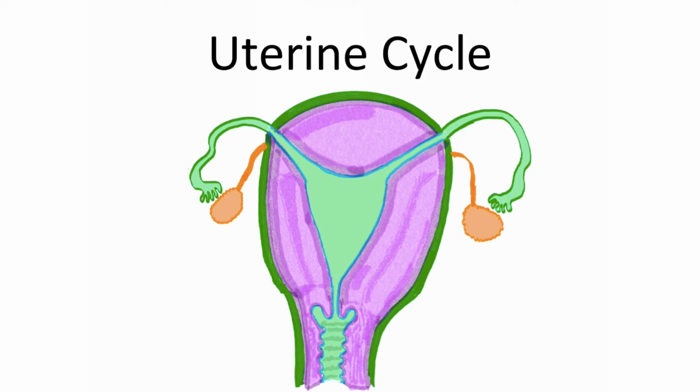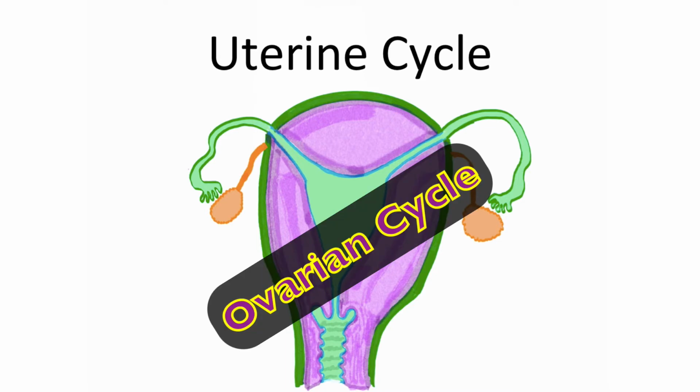One thing I want to point out is that there are two cycles specific to female reproductive biology. There is a uterine cycle, which we're going to talk about in this lecture, and there's also an ovarian cycle. They are intimately related to each other. There's hormones released from the ovaries during the ovarian cycle that stimulate or regulate the uterine cycle, but they are two separate events.